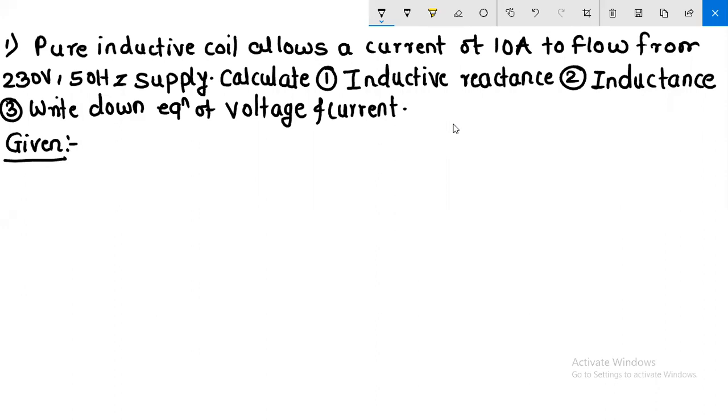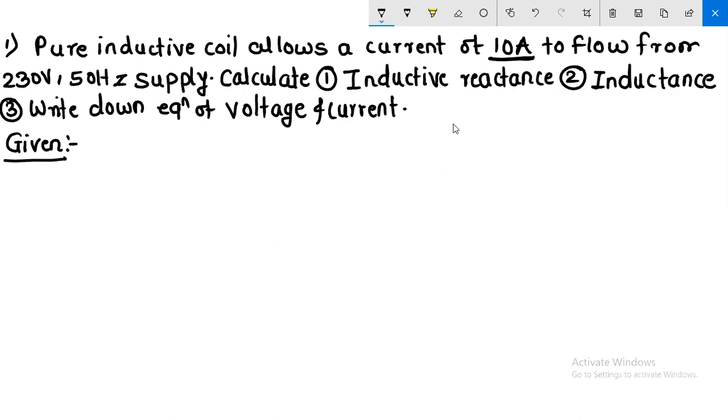Listen carefully. What they have given is a current of 10 ampere. Can anybody say whether this current is the maximum value or the RMS value? Have they said anywhere that it is the RMS value or the maximum value?